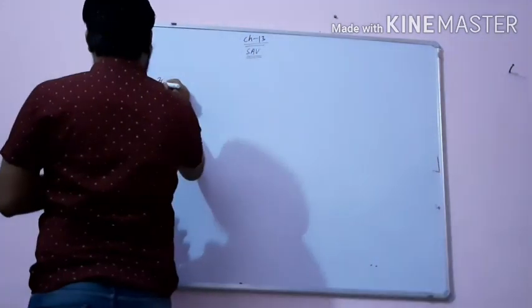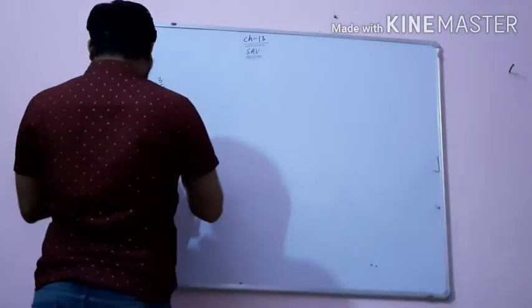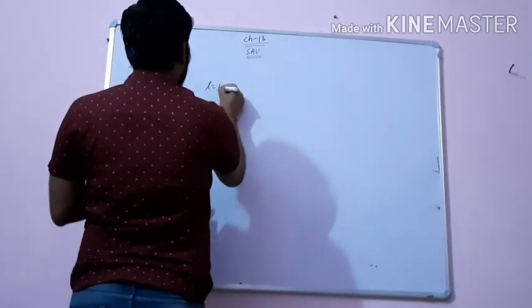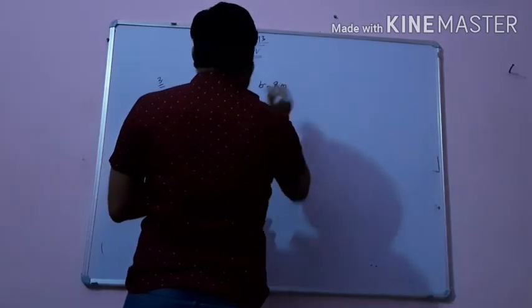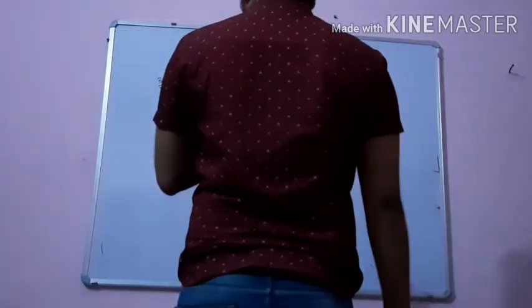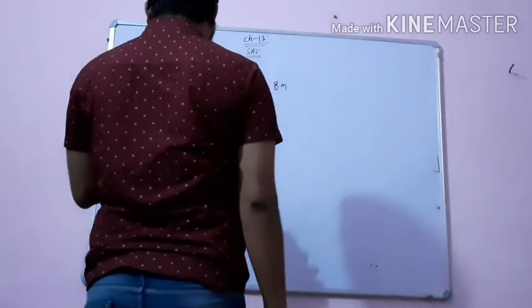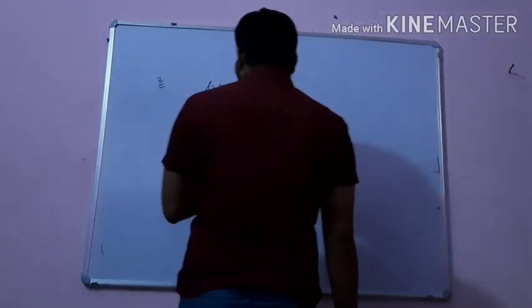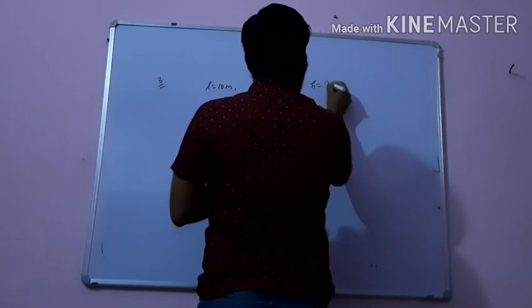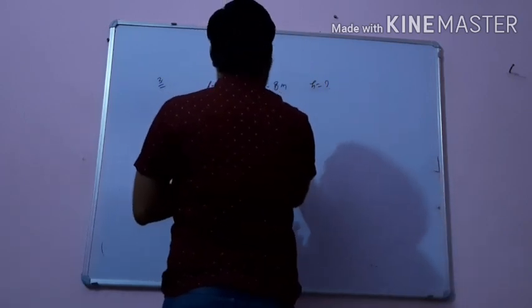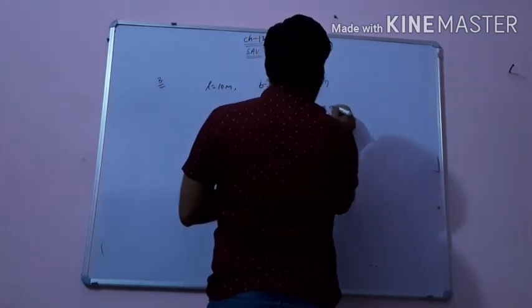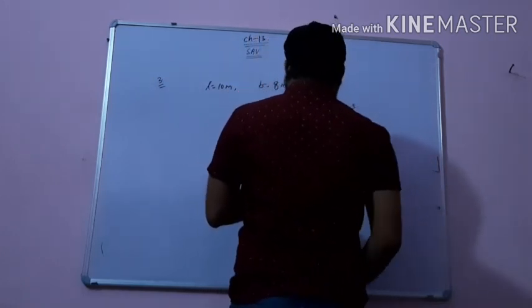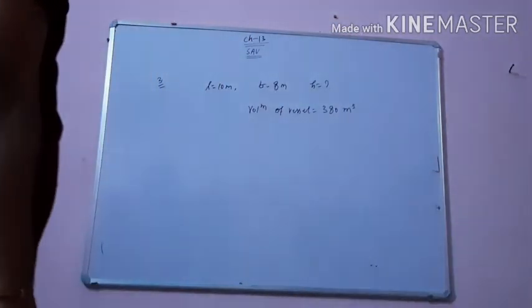A box is given whose length is 10 meter, width is 8 meter. How much height must be made to hold 380 cubic meter of fluid? Here we have to find H. The volume of the vessel is equal to 380 meter cubic.